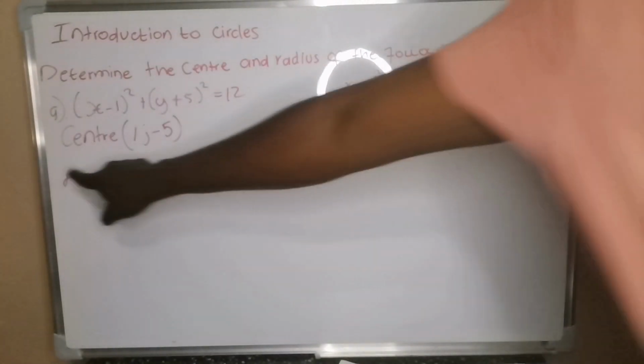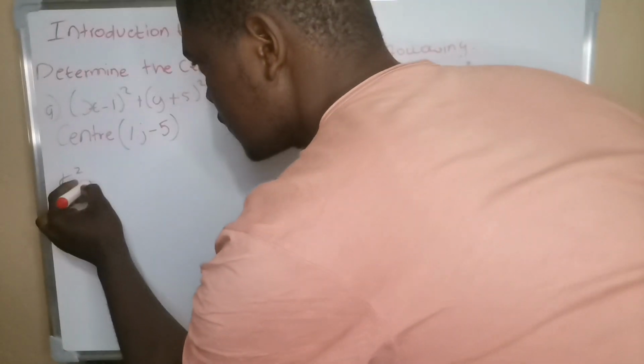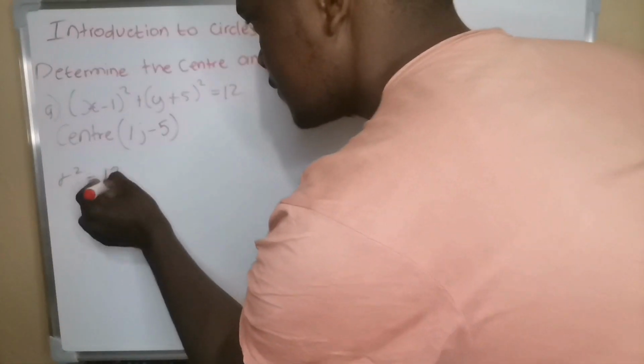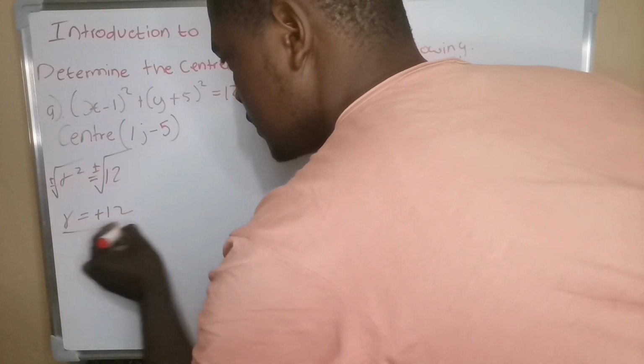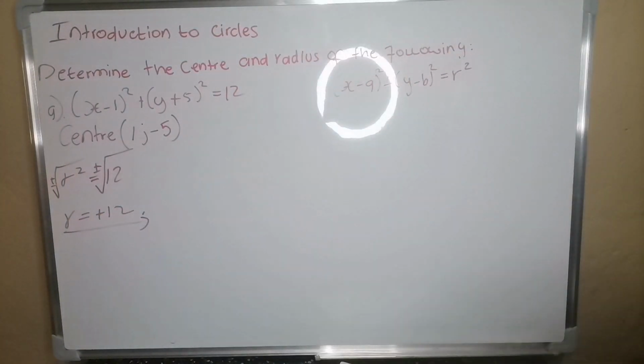That means r squared is equal to 12. You square root both sides, plus or minus. Then our r is positive square root of 12. Remember, distance cannot be negative. I hope you can see it, guys. That's how we do it.